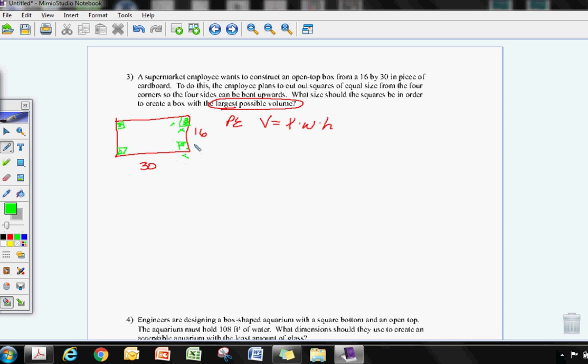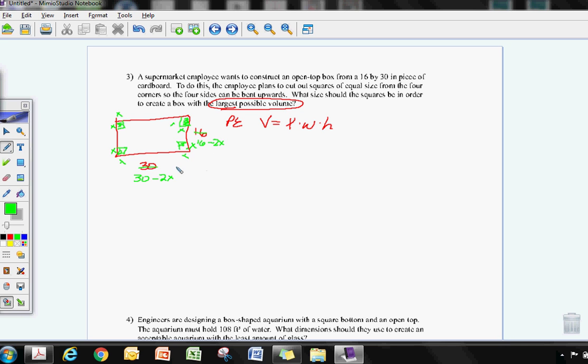These x's don't look that great, but you guys know what I'm talking about. So with all of these x's in here, that now changes this dimension. This is no longer 30, this is 30 minus 2x. This is no longer 16, but 16 minus 2x.